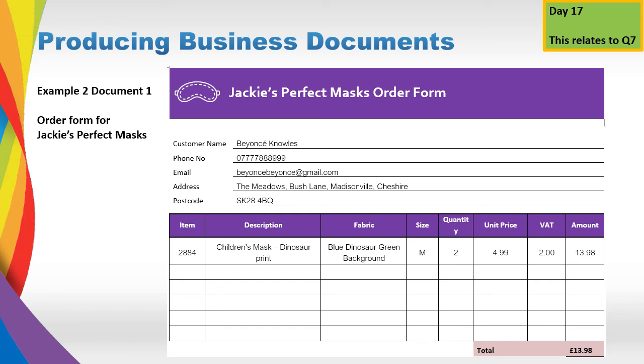We've then got the item code, a description of the item, the fabric that's used, the size, the quantity, the unit price, the VAT and the amount, and then the total amount at the bottom there. So again, a nice and simple order form, but you can see that it works really well for Jackie's business.